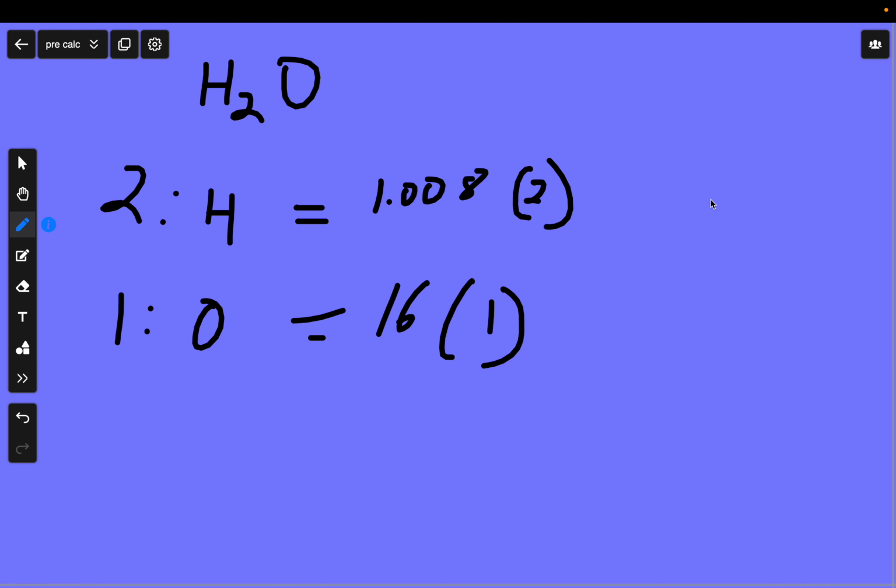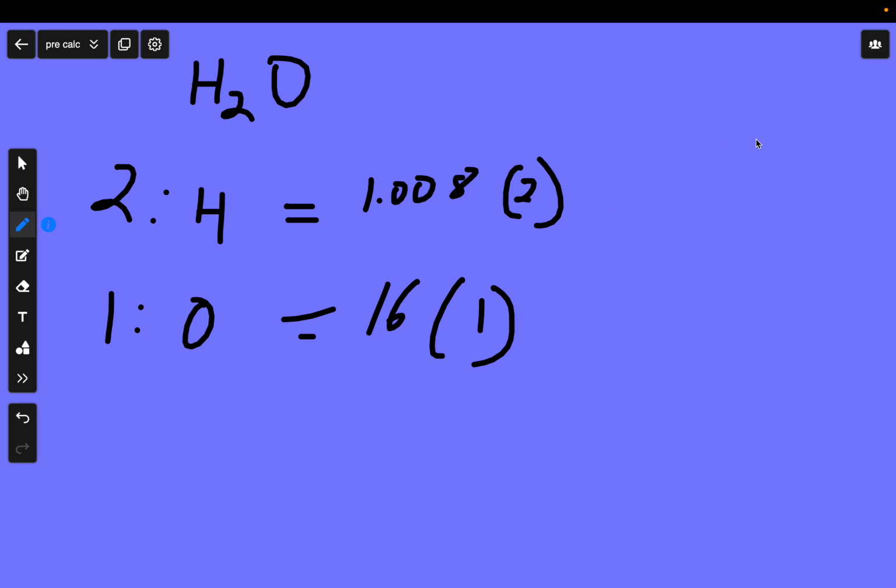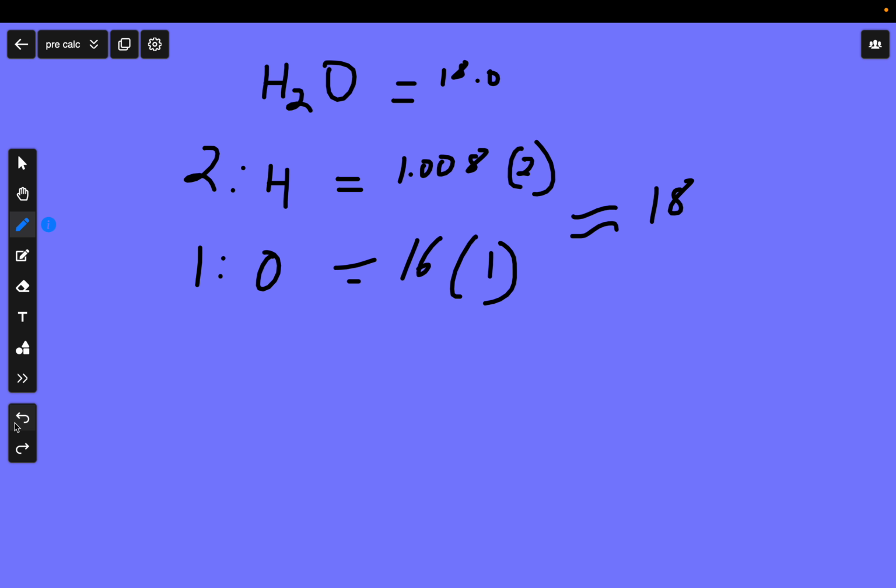So if we add this up, this is around 2, and this is around 16. If my memory is correct, the weight of water is around 18.016. So the total weight of water is 18.016. Now let's say I want to figure out how much of that water weight is just hydrogen.